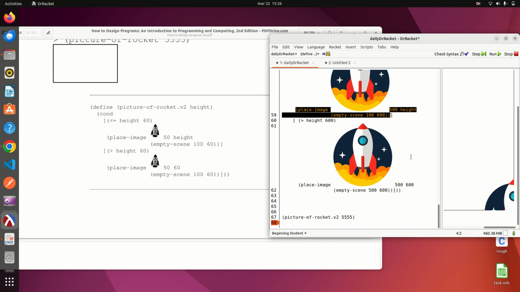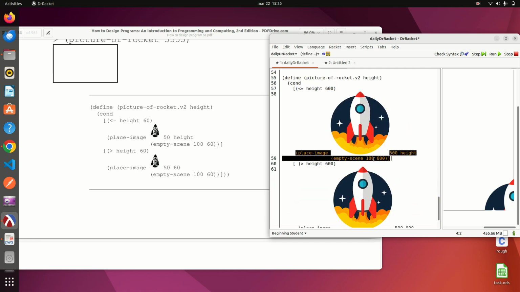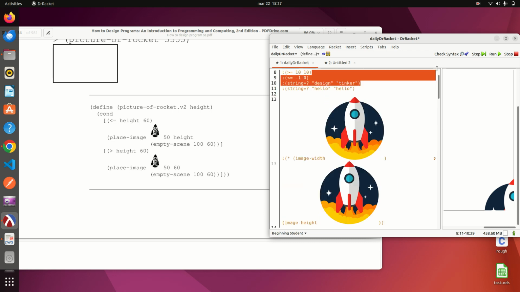So now I gotta think about how this is going to work. Here the height is less than 600, which is not even possible. So 5 times less of something. No, it's not 5 times less. The empty scene is like 50, 60. What is the empty scene of these guys?